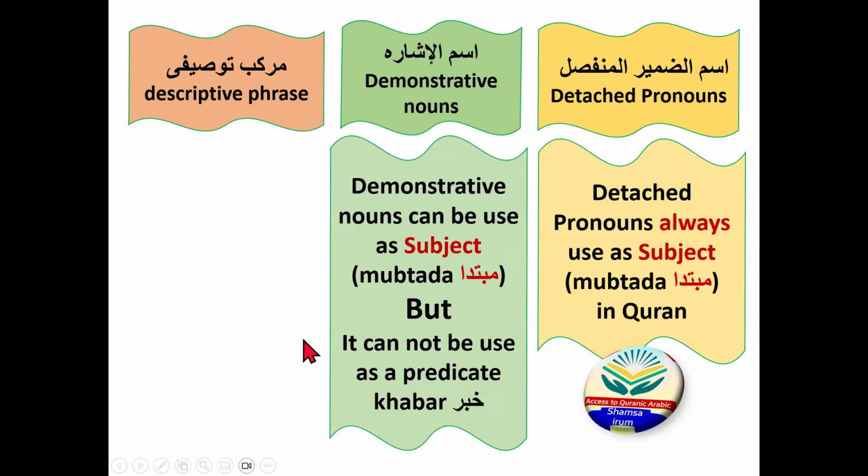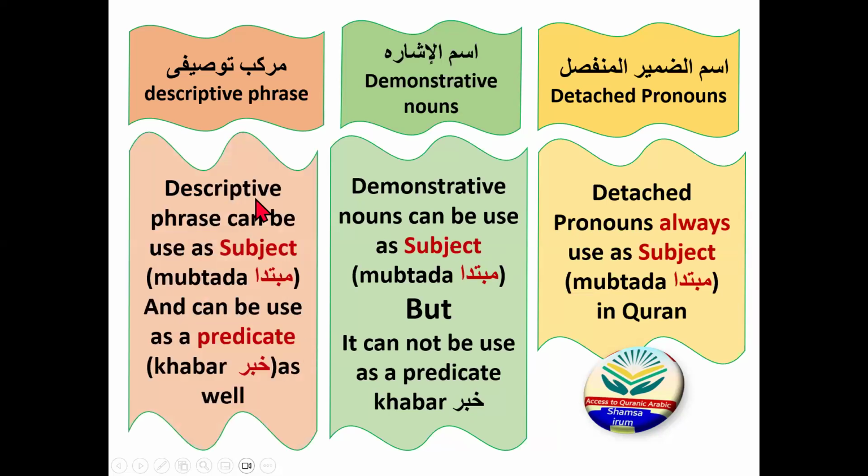Okay. In Murakkab tawsifi, the descriptive phrase can be used as a subject, as a mubtada, and it can also be used as a predicate, as a khabar. So it can be used for both parts. But ismul ishara and ismul tafdil are used for the mubtada. The ism damir munfasil is always used only as a mubtada.